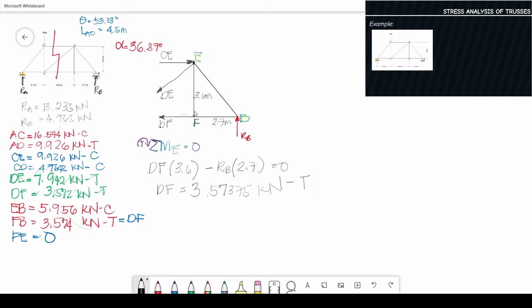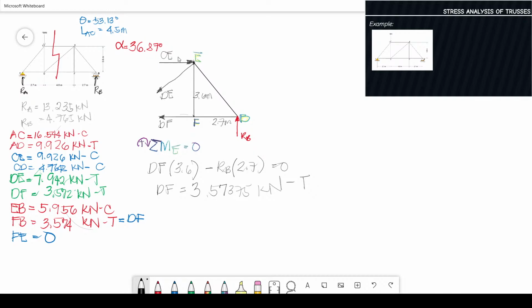So let's proceed with summation of forces horizontal. It can also be vertical, it doesn't matter actually. I prefer the vertical, because for horizontal we have two unknowns, DE and CE. We have the horizontal component of DE and the CE.